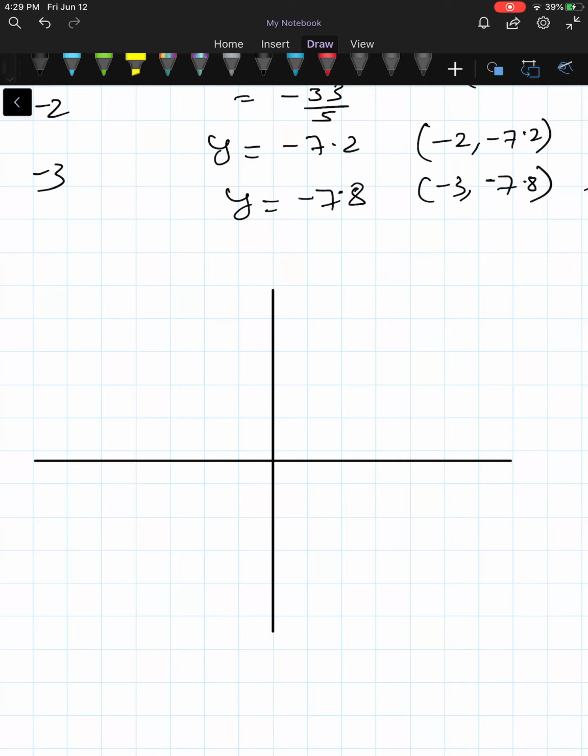Fine. So I have y values 1, 2, 3, 4, 5. I need more y values on the negative side.